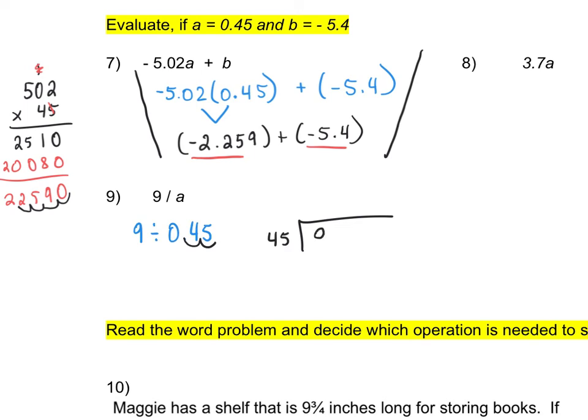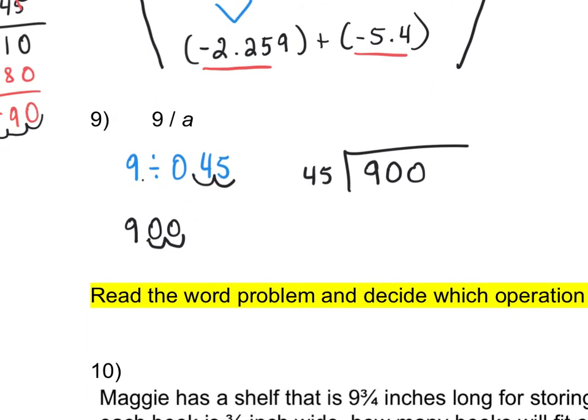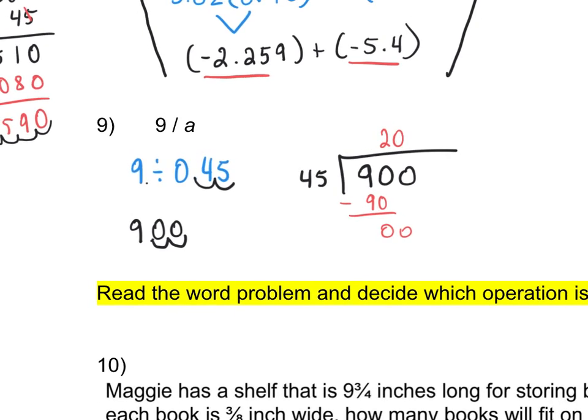And then since I'm moving it 2 places over, I gotta do the same for the 9. So remember, I fill in the gaps with zeros. So it's really like you're doing 45 divided by 900. So now I can go ahead and divide, and it would go in 20 times here.